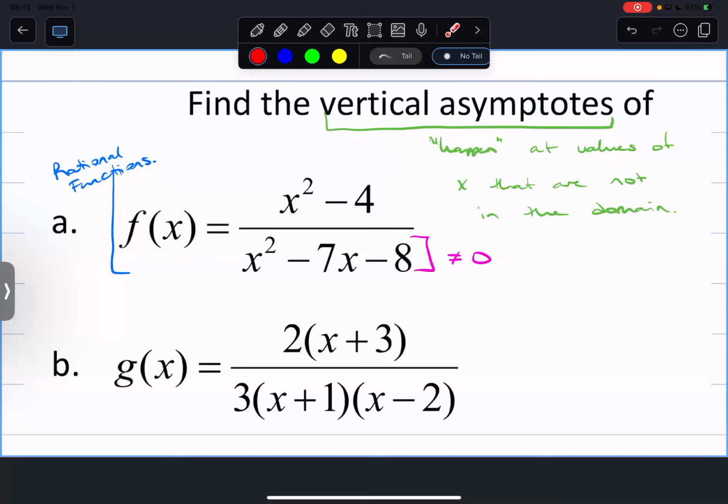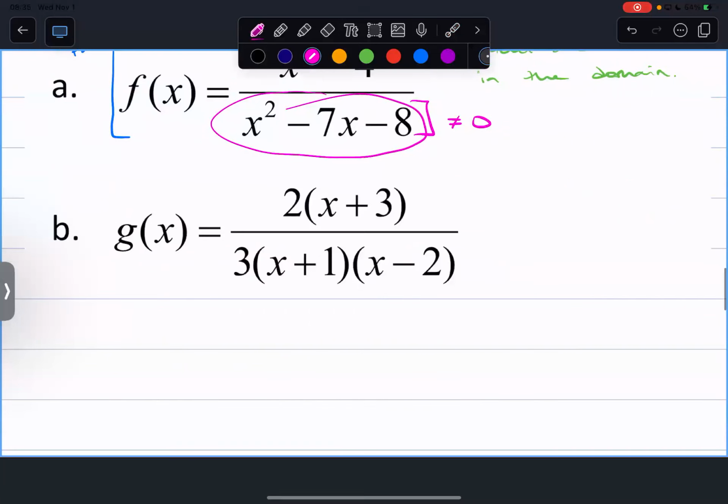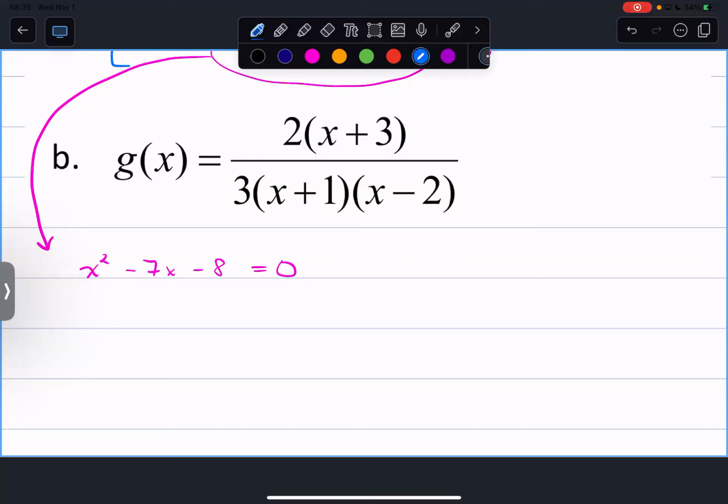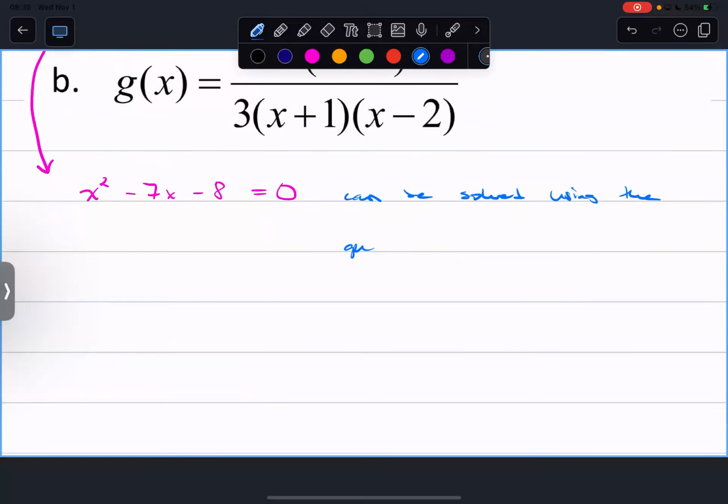Okay, so let's just focus on this little guy for a little bit here, or for a long bit. We're here for a good time, not a long time. So we need to set x squared minus 7x minus 8 to 0, find the values that make that happen, and then go from there. It can be solved using the quadratic formula, the beauty of a quadratic.